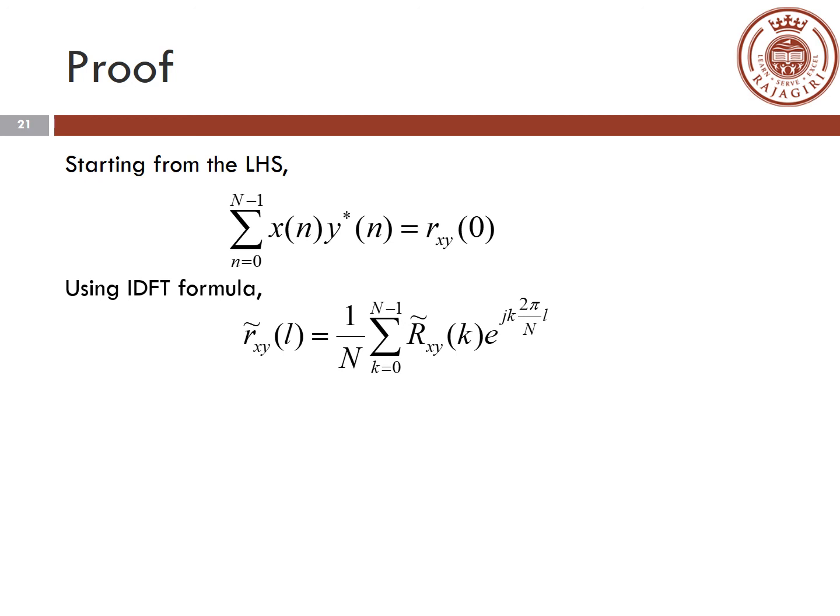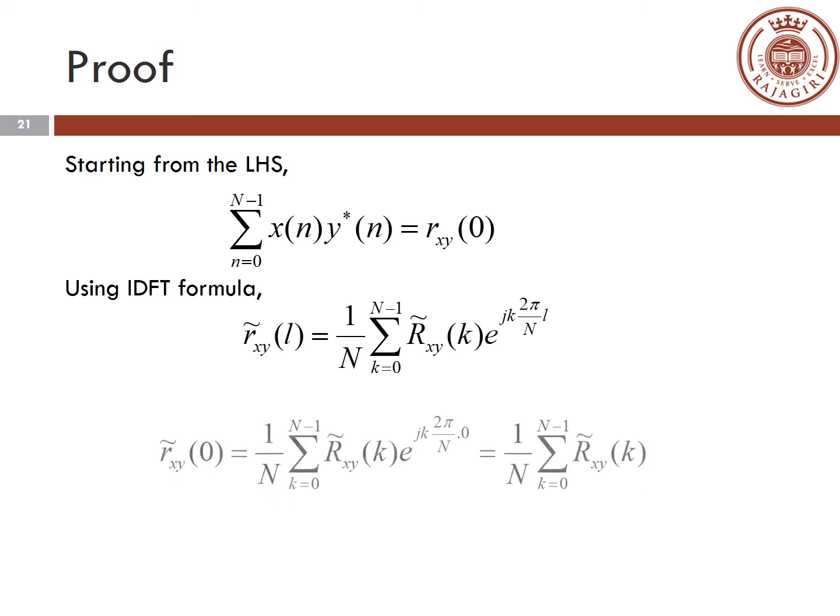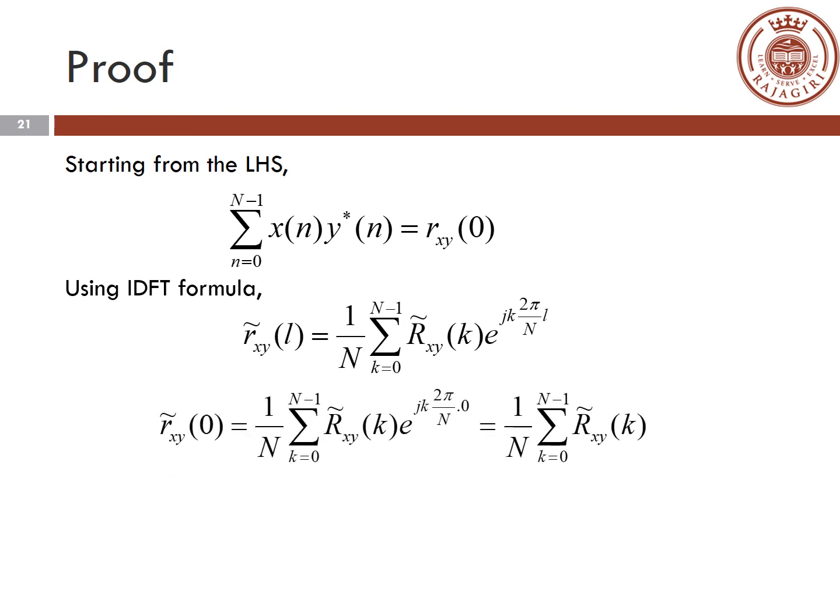Wherever this l comes, you can substitute 0. So it becomes Rxy of k into e raised to 0, which is 1. So what is left is this. Now Rxy of k is X of k into Y conjugate of k. This is something that we have seen. So we have proved it very comfortably within 2 steps. This is the easiest way to prove Parseval's theorem.